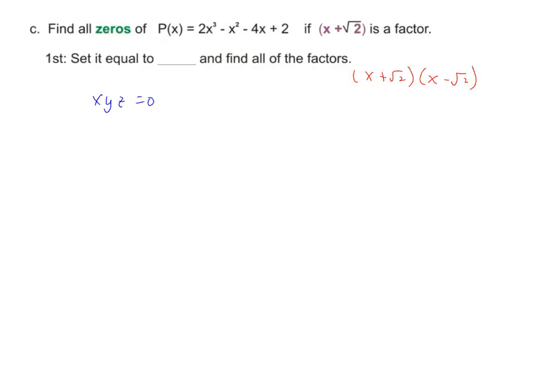If you have factors that equal 0, at least one of them has to be 0. That was the basis of solving quadratics by factoring: set it equal to 0, and factor. Polynomials work the same way. We have to set it equal to 0, and we have to factor it.